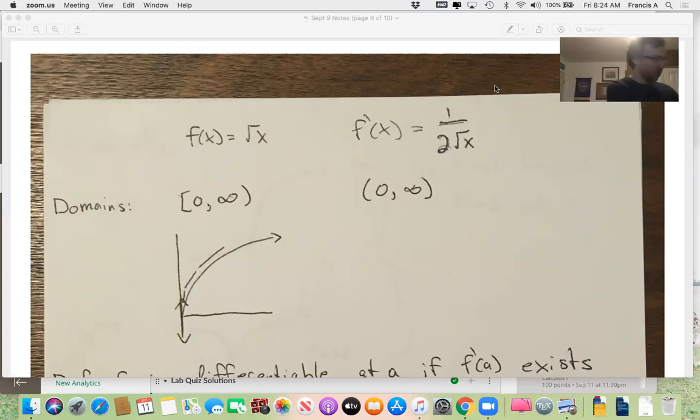Okay. So this is a place where we run into the fact that the derivative, which is the slope of the tangent line, is defined as a limit, and limits don't always exist. So even though this function is defined at 0, the slope of the tangent line is not defined there.